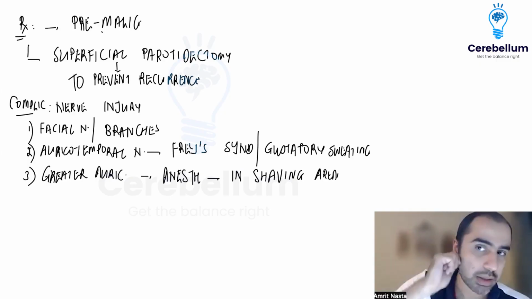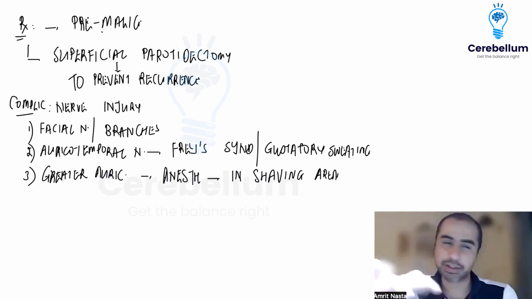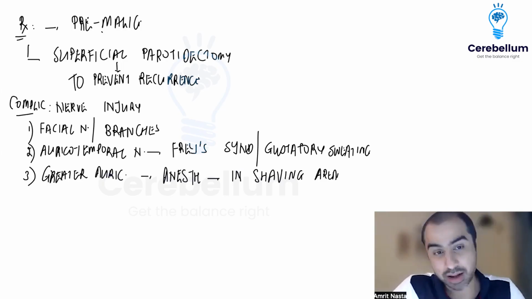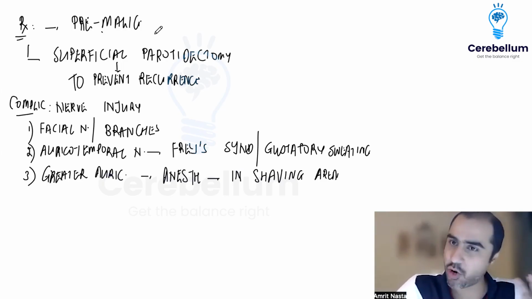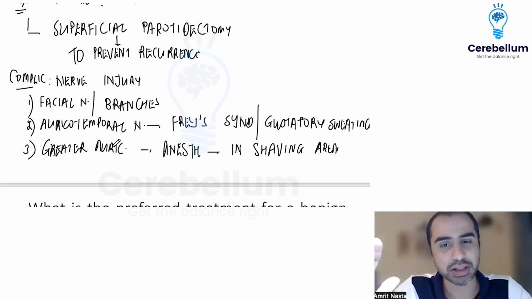He'll say, when I shave, I don't have sensation here, I don't have sensation on my ear. That is greater auricular nerve injury. It's not a very big deal. Okay. The bigger deals are facial nerve injury, obviously, then he'll have Bell's palsy-like features, or auriculotemporal nerve injury, which will lead to gustatory sweating.